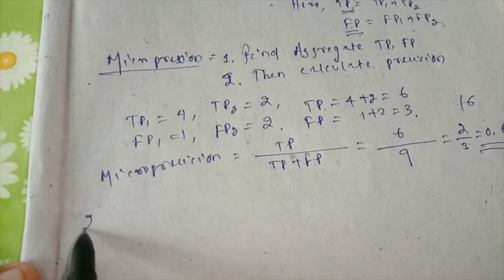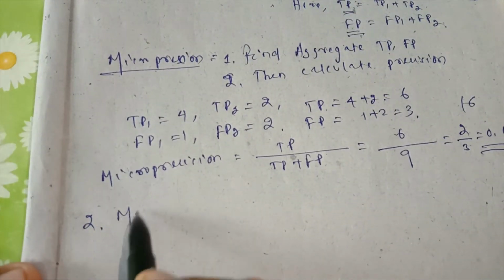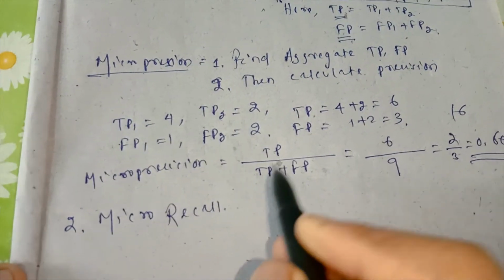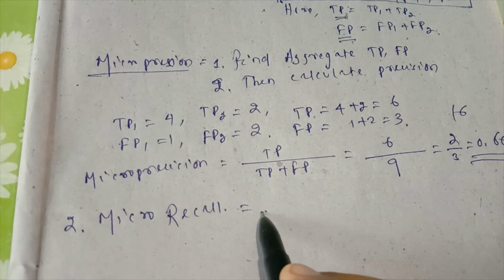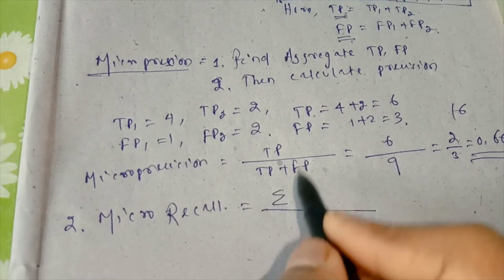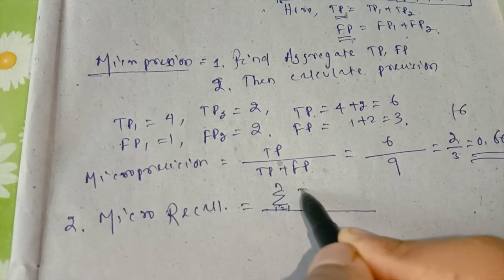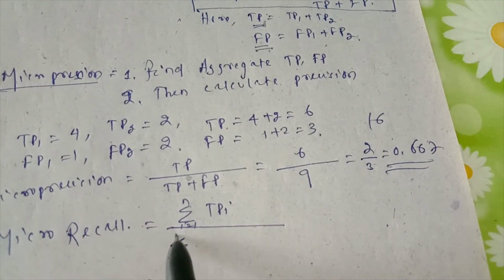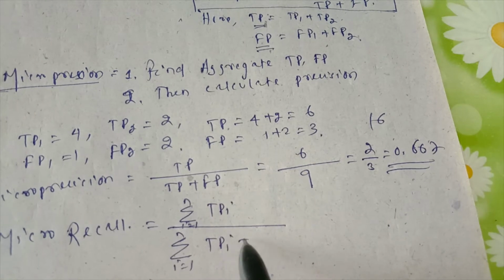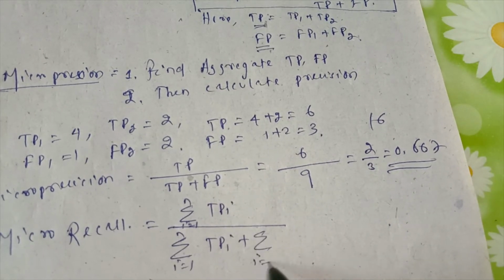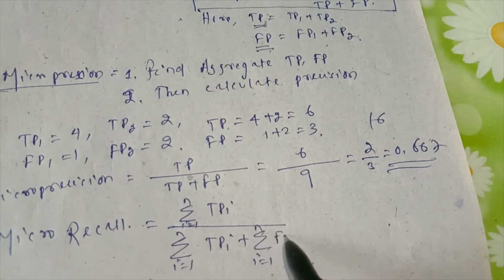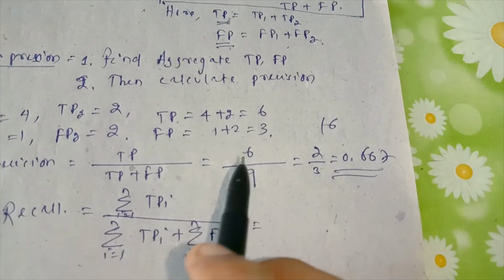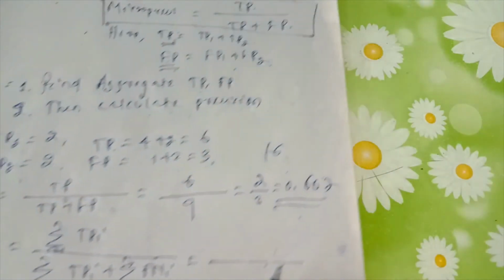The second thing is you have to find micro recall. This is exactly the same way, no need to do the derivation, just writing the formula: the sum from i equal to 1 to n of TPi, divided by the sum of TPi plus the sum of FNi.